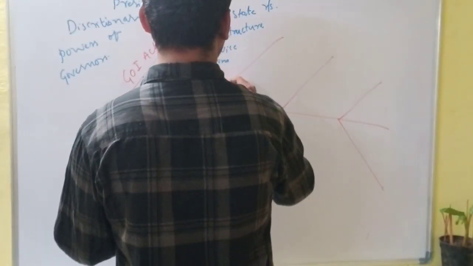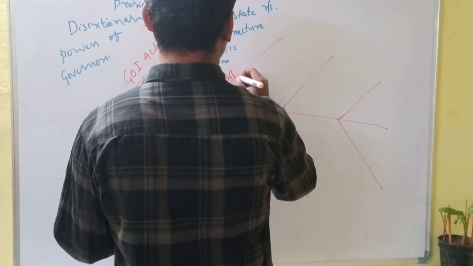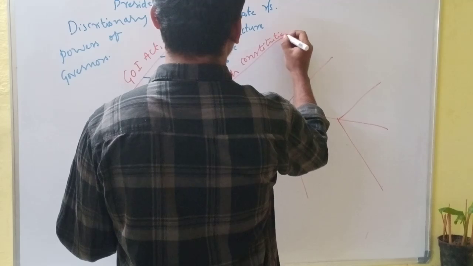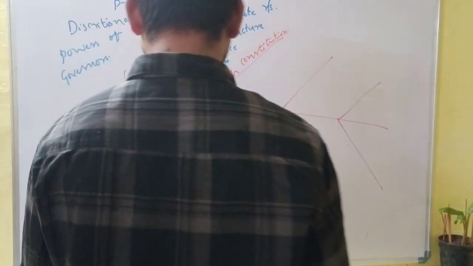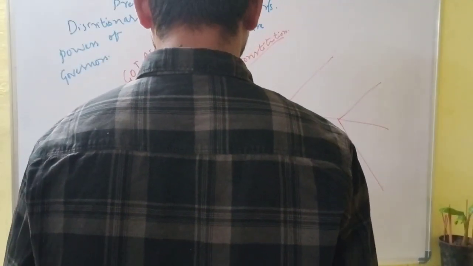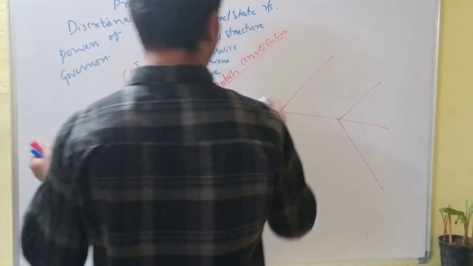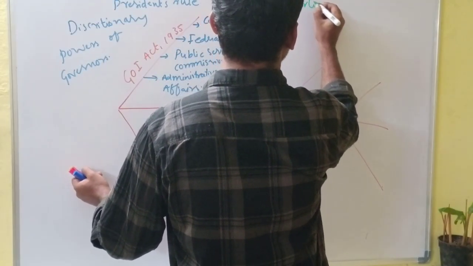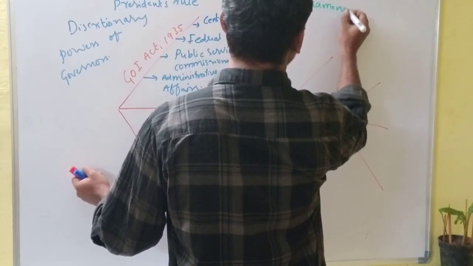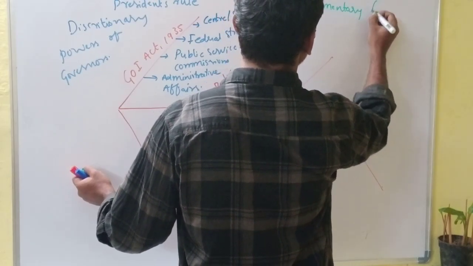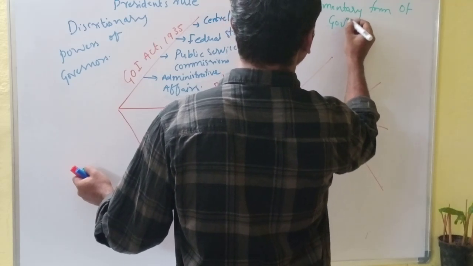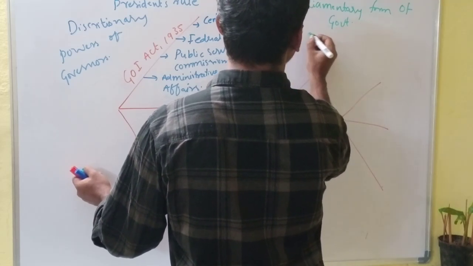So another one is British Constitution. So what are the provisions taken from British Constitution? Parliamentary form of government. Next, CAG.